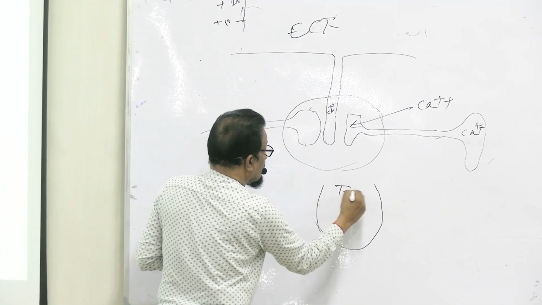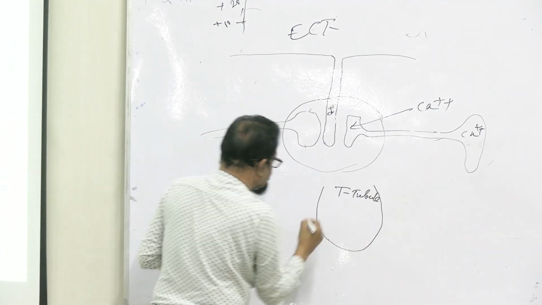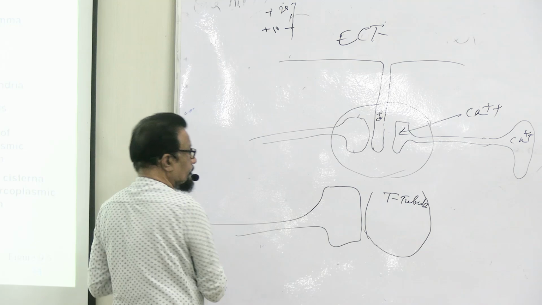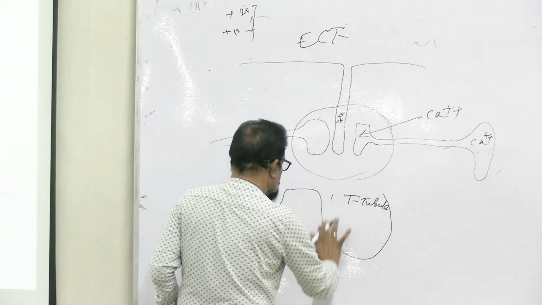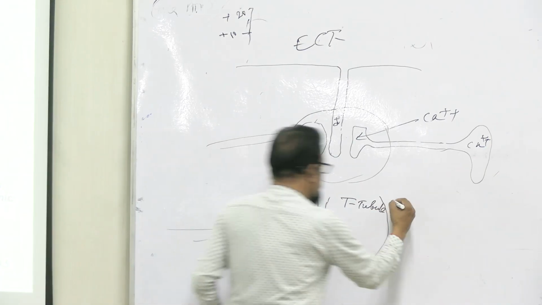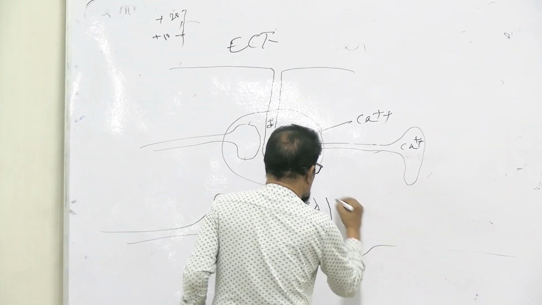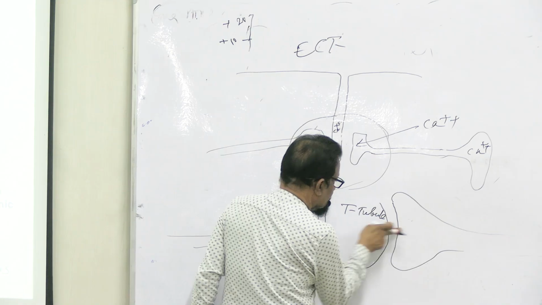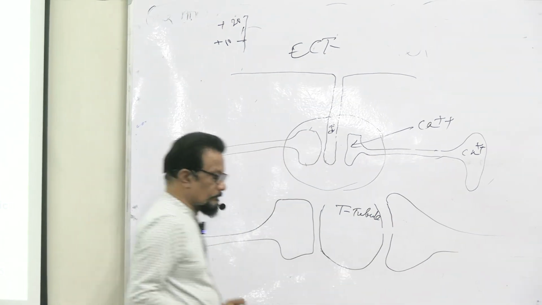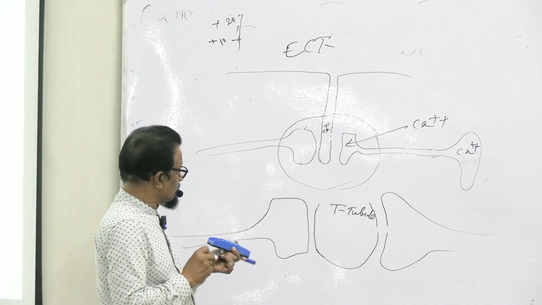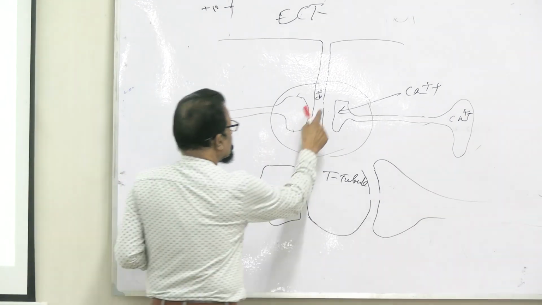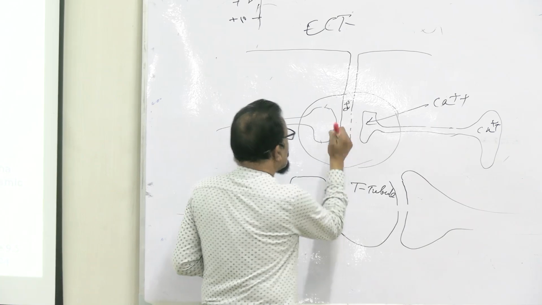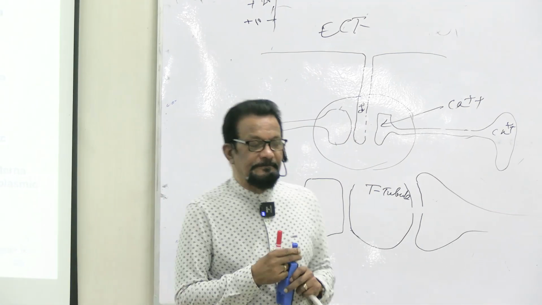This is T-tubule. Here, there will be a number of receptors.